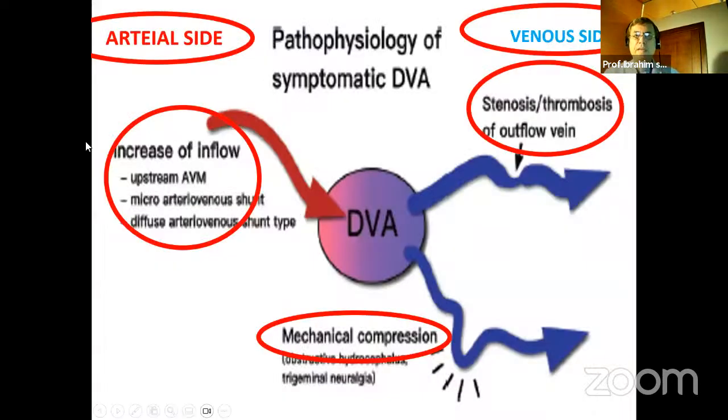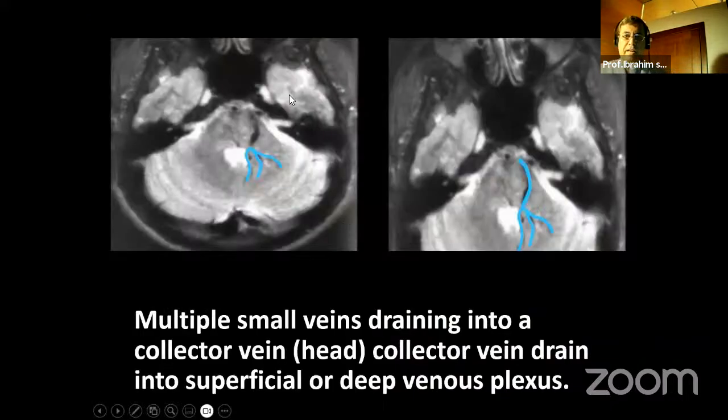So like this, if you look at the arterial side, we're looking at in utero, fetus, arterial side, and venous side. In the venous side, there's some stenosis or thrombosis of the outflow vein or mechanical obstruction. And if you look at the arterial side, that there is increased inflow for whatever reason, that will cause DVA to develop. So like that.